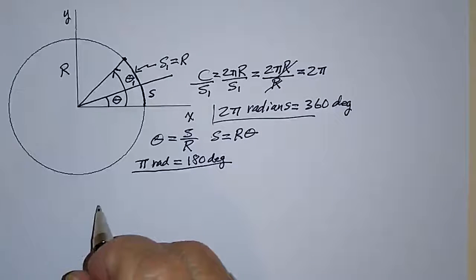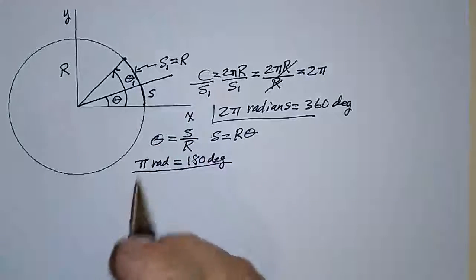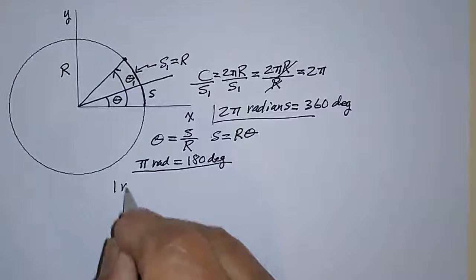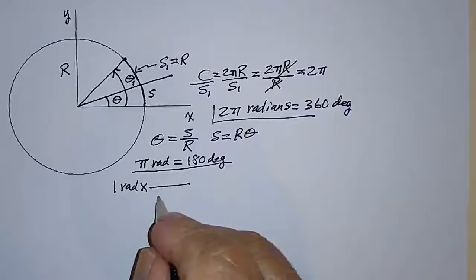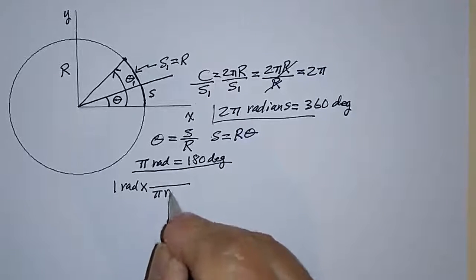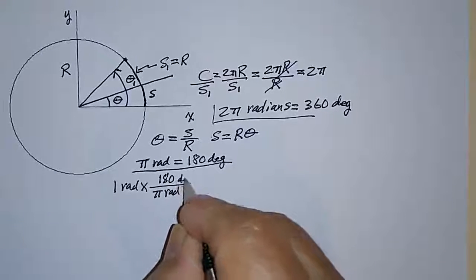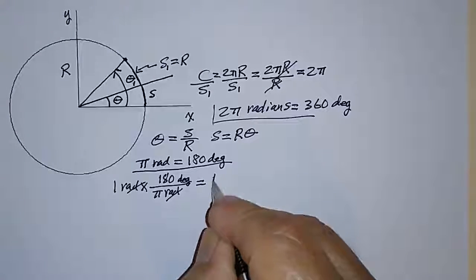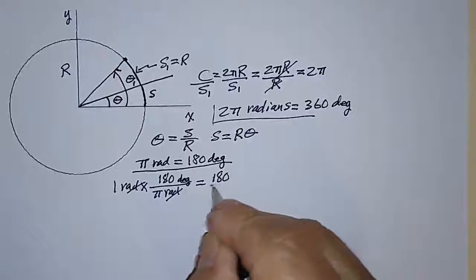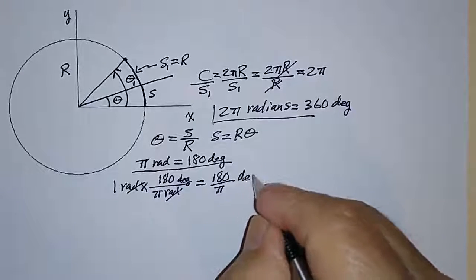And let's say we want to know, for example, how many degrees are in 1 radian. So 1 radian, we want to know how many degrees are in it. So that means that pi radians is 180 degrees, like this. And so that's equal to 180 divided by pi degrees.